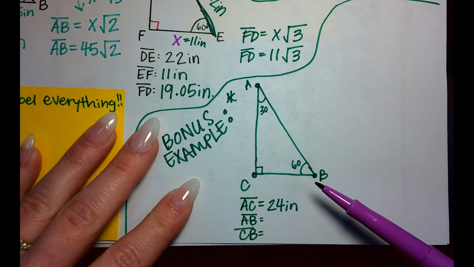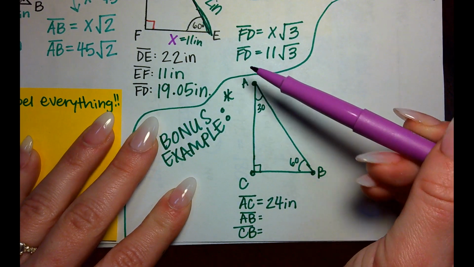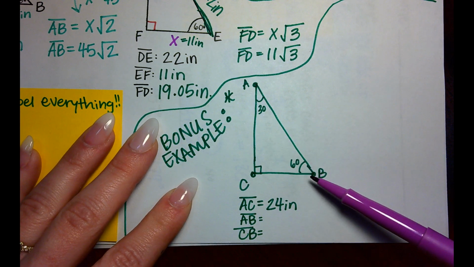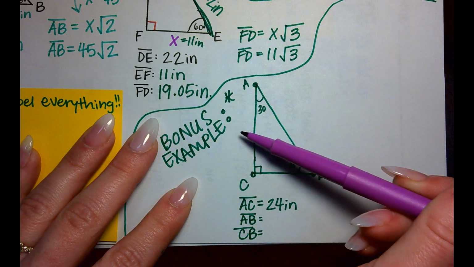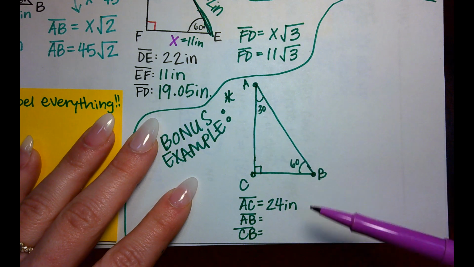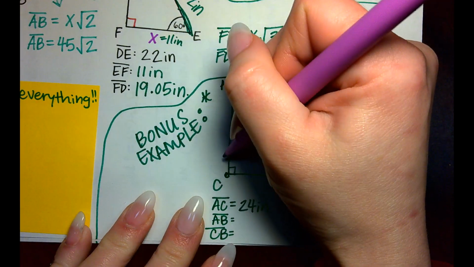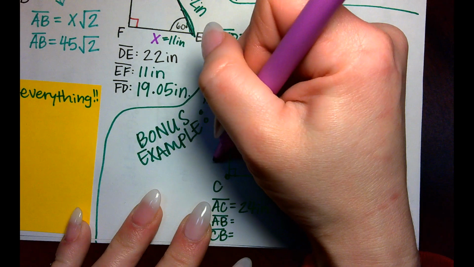So over here on my picture, AC is my long end across from 60. What would that x value be? X radical 3. The x radical 3 for AC. So I didn't just give you x this time.